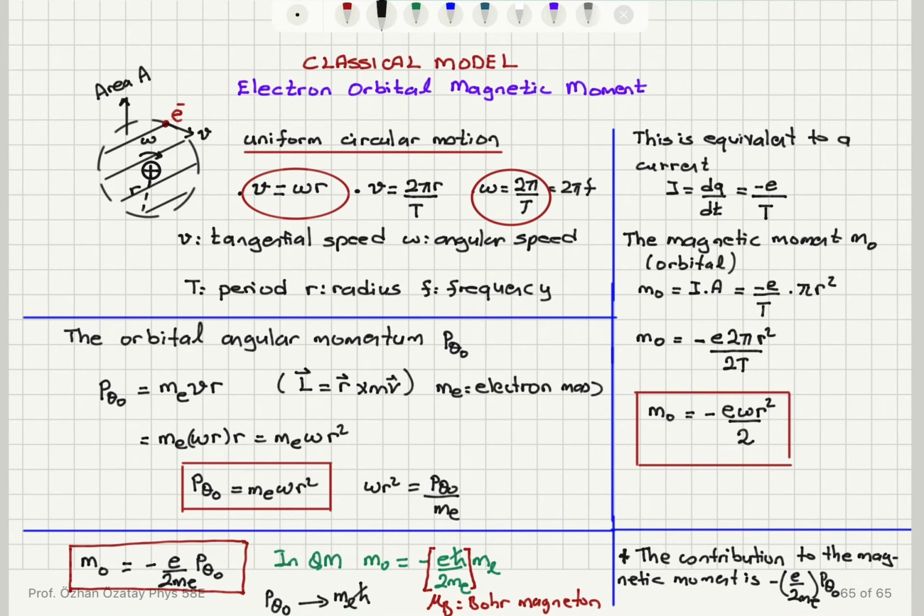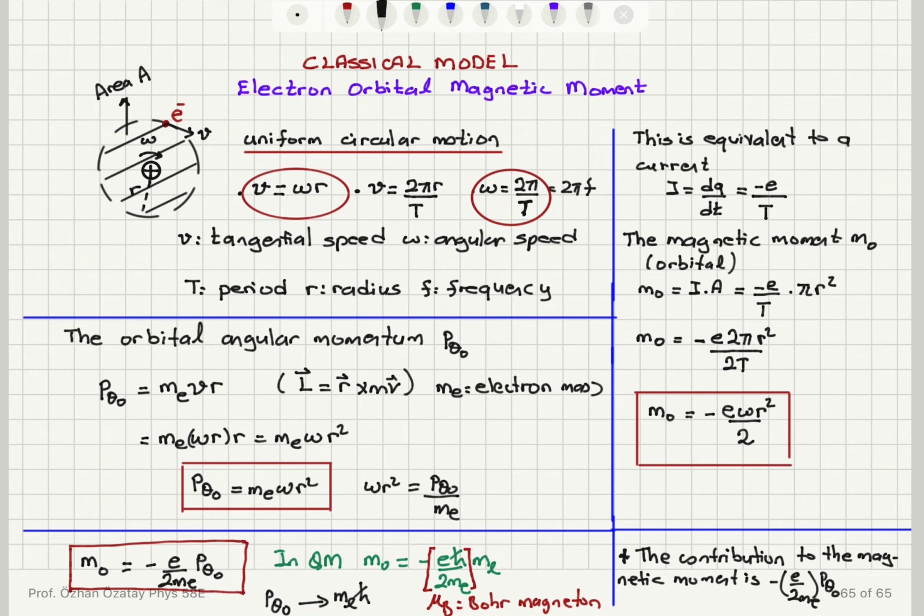So let's just assume that we have electron as a solid particle that has charge minus E, which is rotating around the nucleus, which has positive charge, and in the uniform circular motion, the tangential speed is related to the angular speed with v is equal to omega r, where r is the radius, and omega is 2 pi divided by the period t, or 2 pi times the frequency.